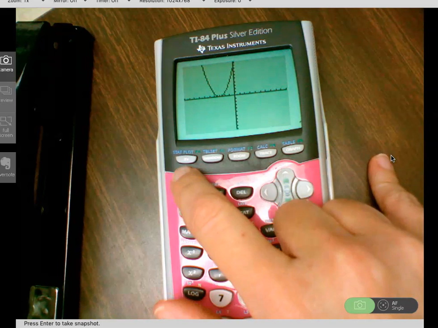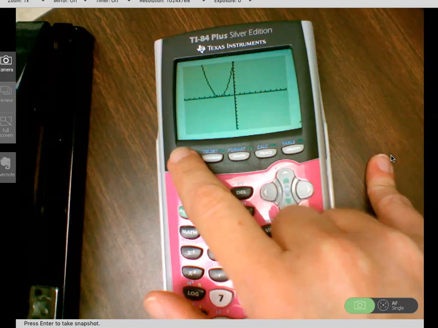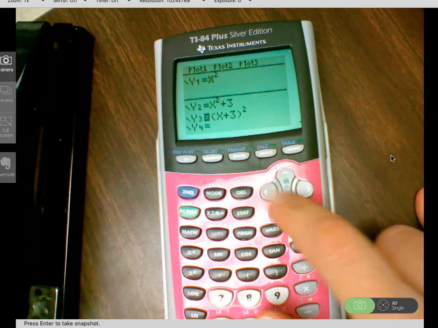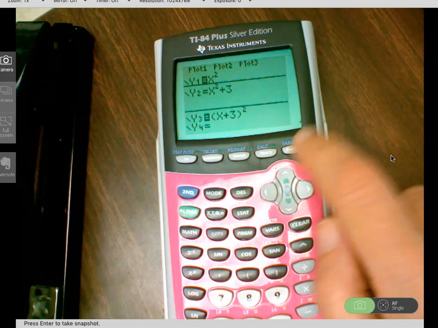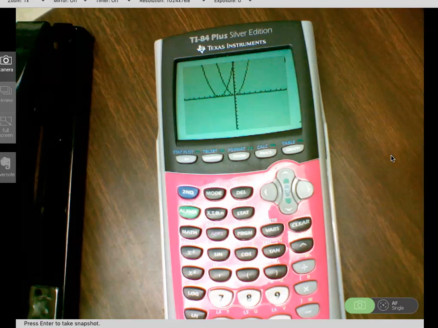I want to show you one other little trick. If we go back to y equals, I'm going to turn x squared back on. I'll hit enter again on that equal sign and just have these 2. So last unit, does anyone remember what we studied? You took a whole test on it.